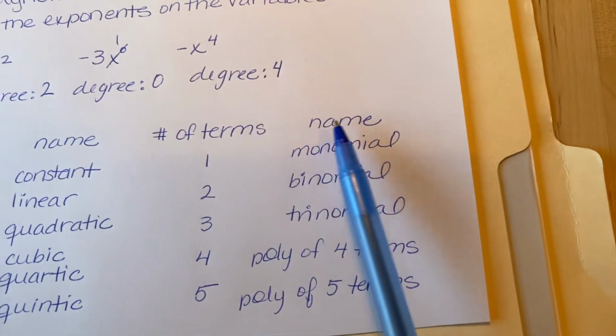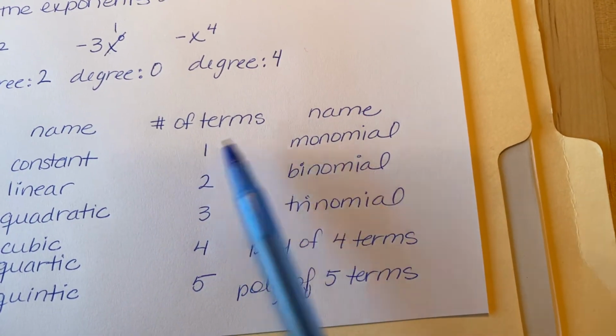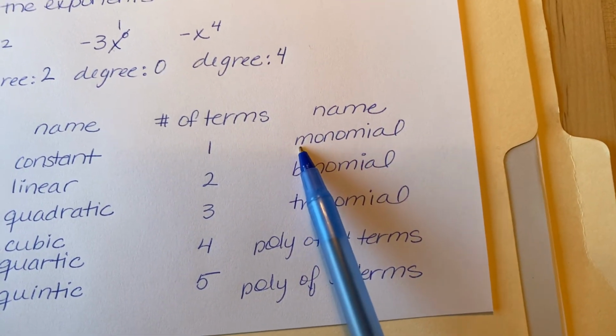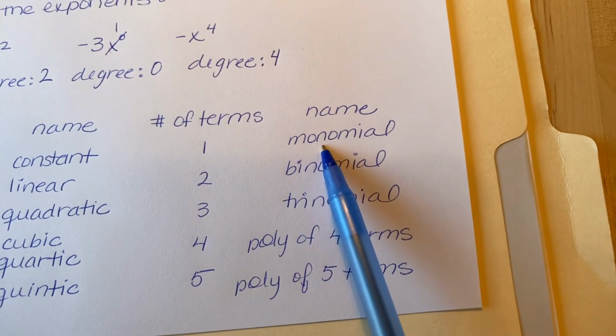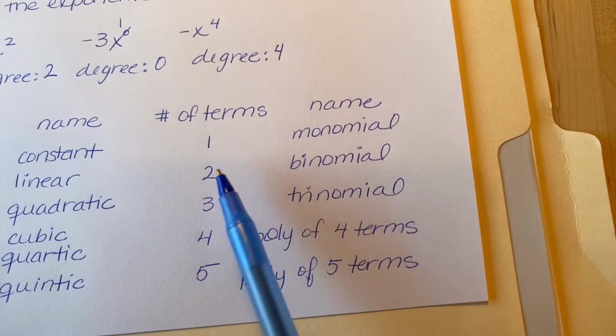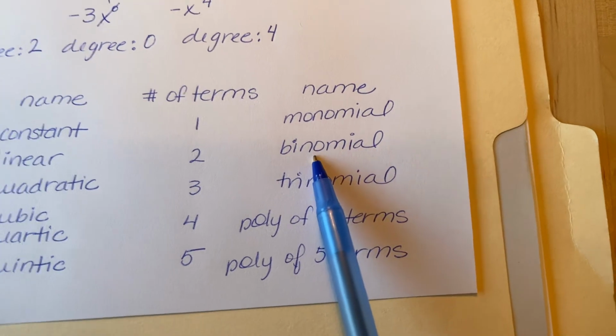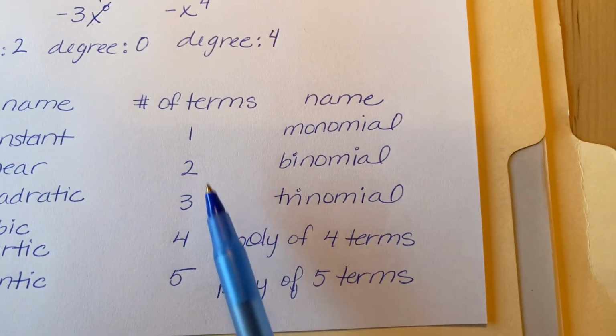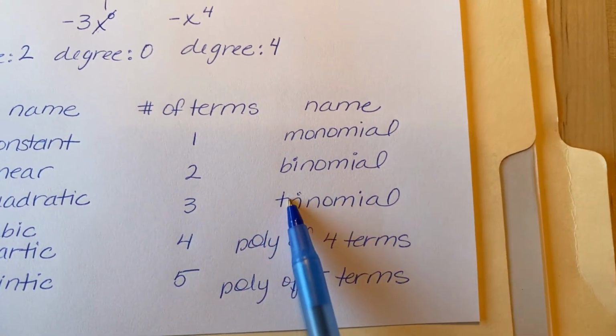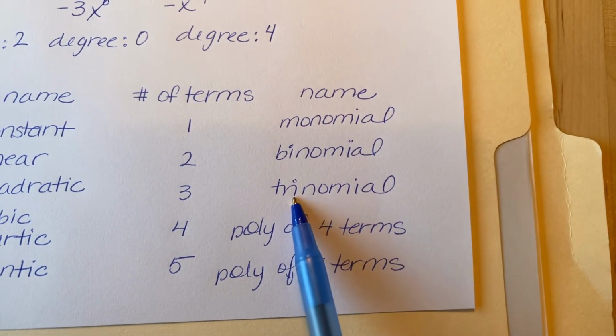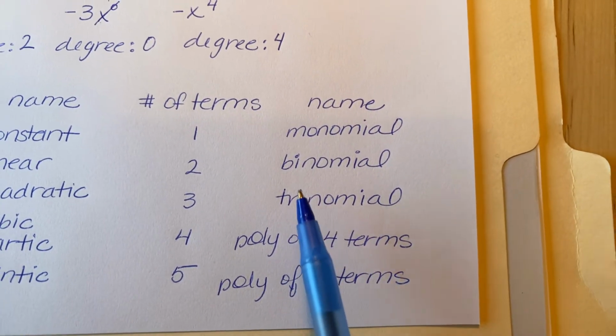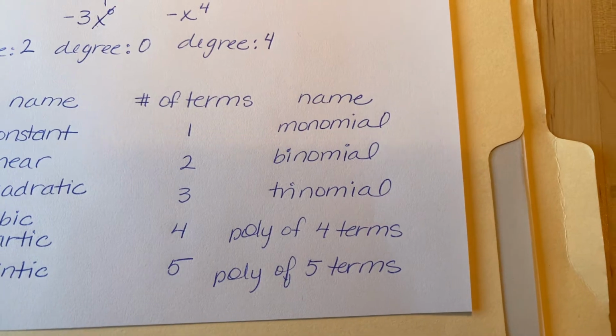Okay, number of terms and the name. If it has one term, it's a monomial. You guys know mono, right? A monocycle has one wheel. 2, a bicycle, binomial. A bicycle has 2 wheels. 3, tricycle. When we were little, we rode tricycles or big wheels, those were 3 tires.